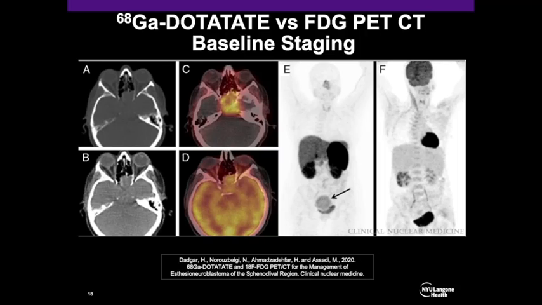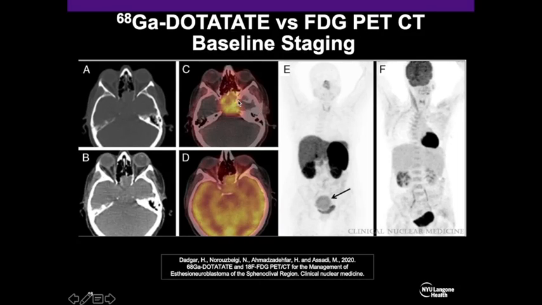Another case, this is a direct side-by-side comparison of the gallium dotatate PET, seen here, with FDG PET. The lesion to background ratio is excellent on dotatate. You can barely see, if at all, which I cannot, on this FDG PET. It's a perfect scenario to hide the mass.